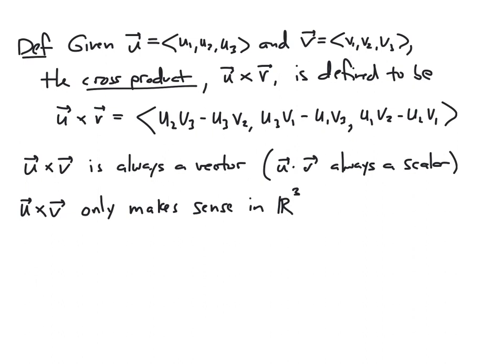It just doesn't make any kind of sense. You can see that even just by looking at the formula. There's a u3 and a v3 involved here, and in R2 those components don't exist, so we wouldn't be able to use this definition. But even then, we wouldn't be able to come up with a comparable definition in R2 either, because the result of the cross product is something that just doesn't exist in that world.